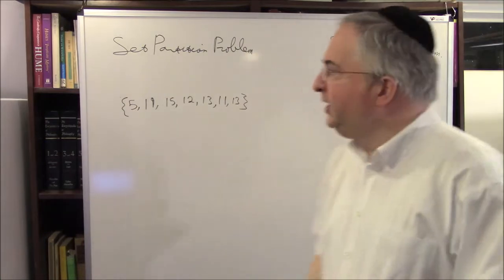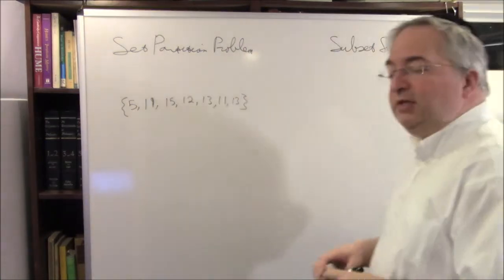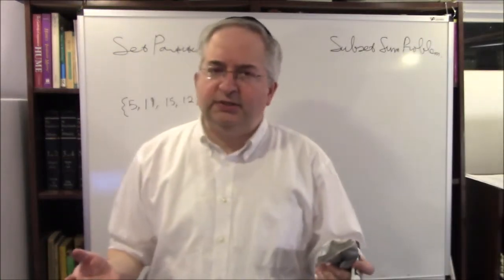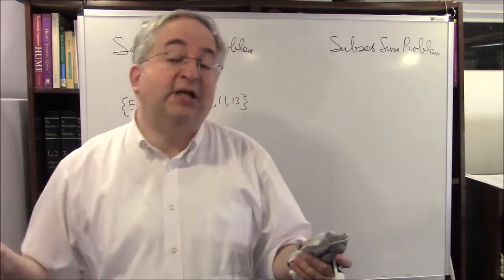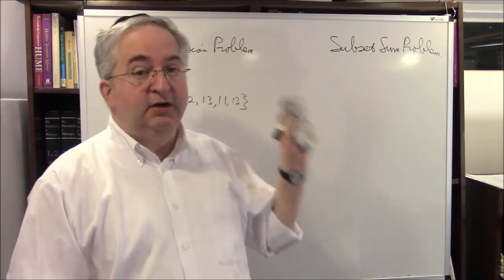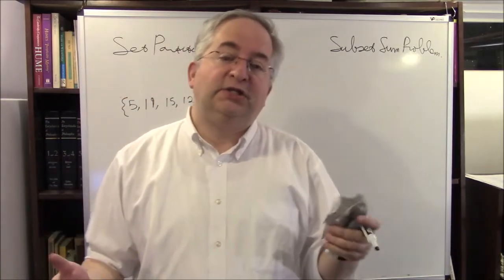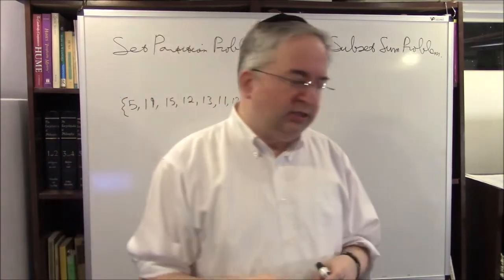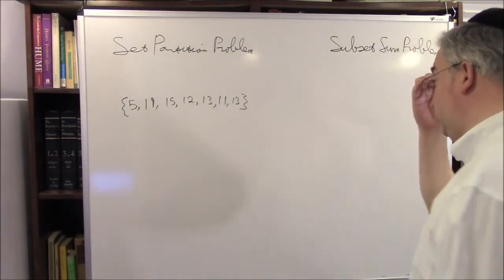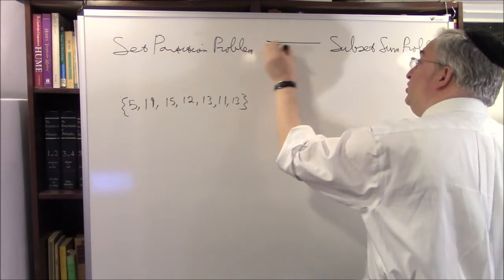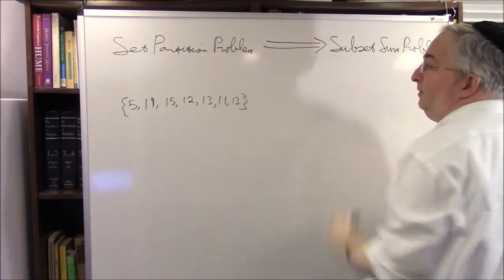And the subset sum problem is almost like that. I'm given a bunch of numbers and a capacity. Find me a subset, just like you're finding a subset here, such that the sum of all the elements in the subset is equal to the capacity. Okay. So what I'd like to do is show you how we're going to change this problem into this problem.